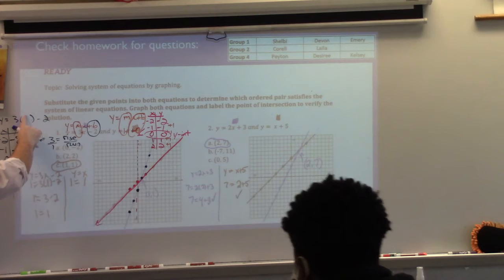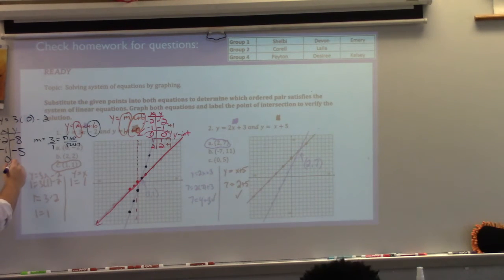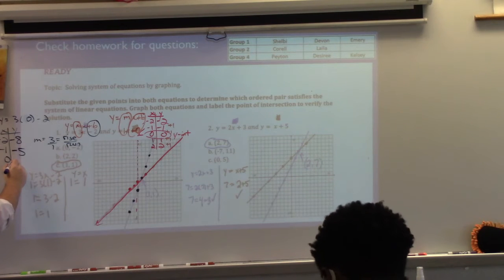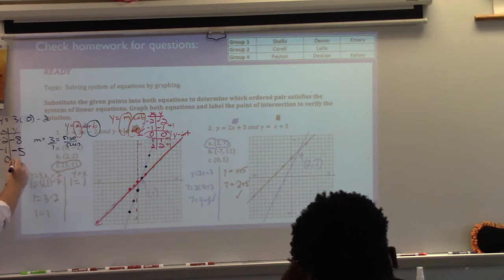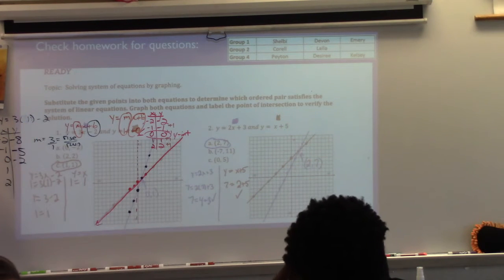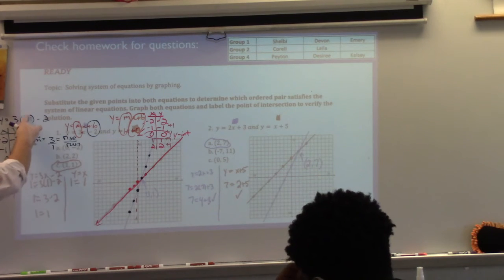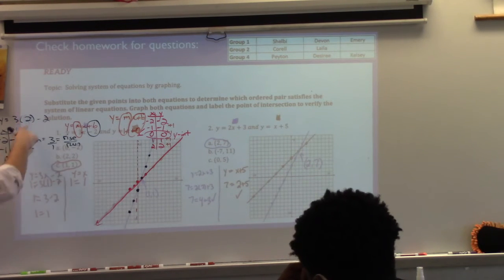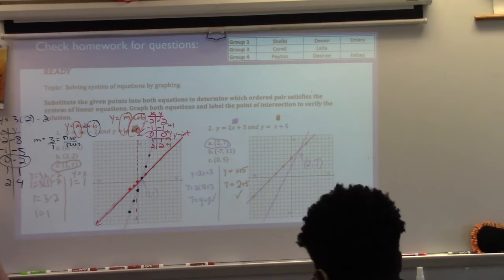What about if I plug in a 0? 0 minus 2 is -2. 3 times 1 is 3, minus 2 is 1. 3 times 2 is 6, minus 2 is 4. Notice, what is my y-intercept? 0, -2.